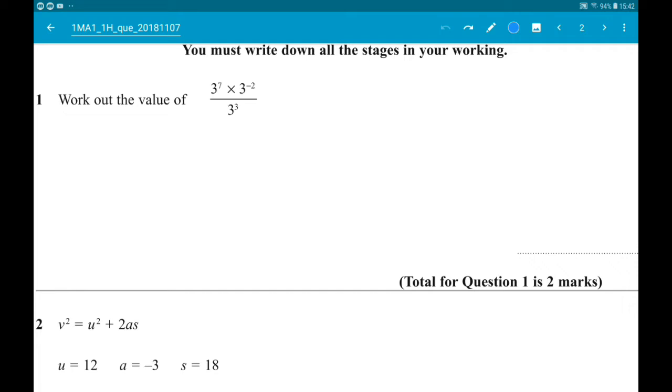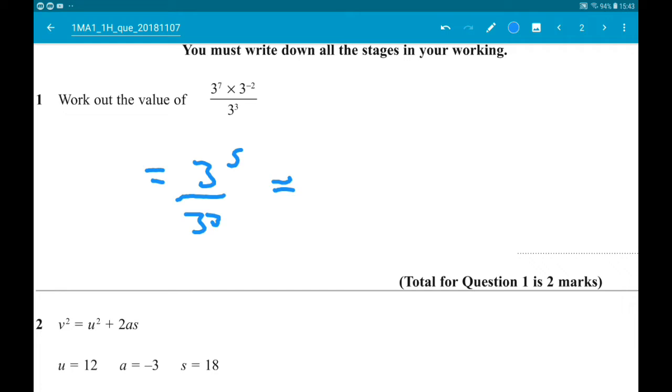Okay, so by the rules of indices, up on top, when we're multiplying, we add the indices. So that's going to give us 3 to the power 5 on top. And on the bottom, we have 3 to the power 3.